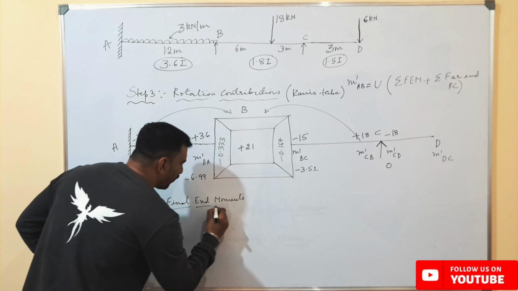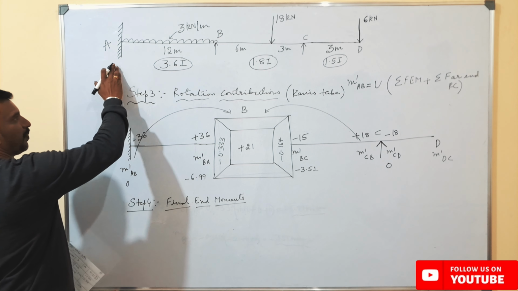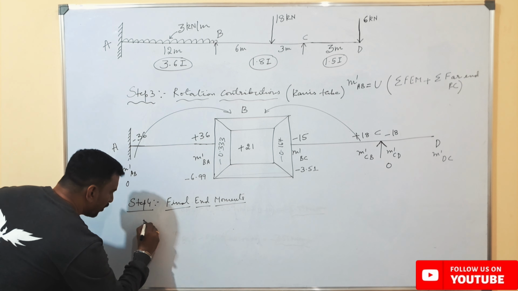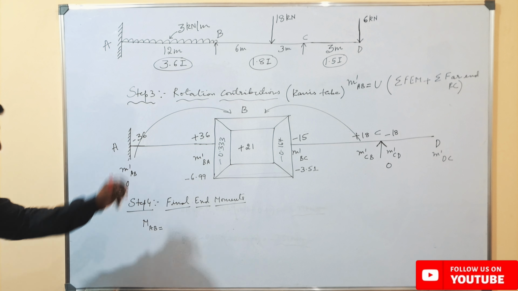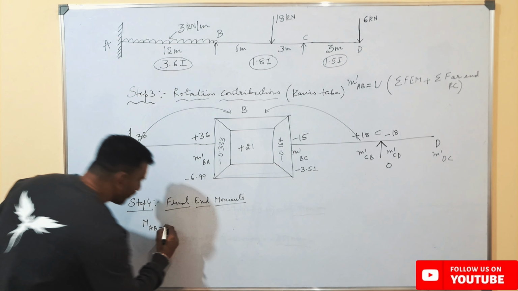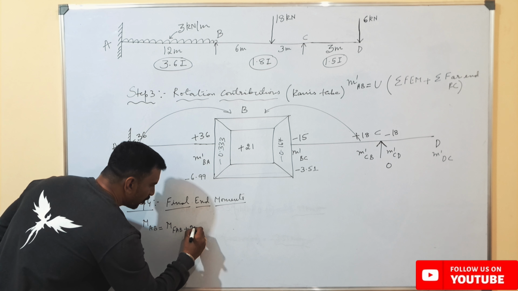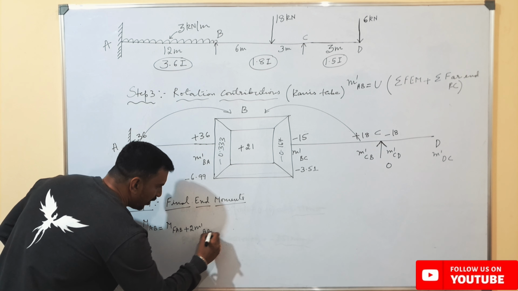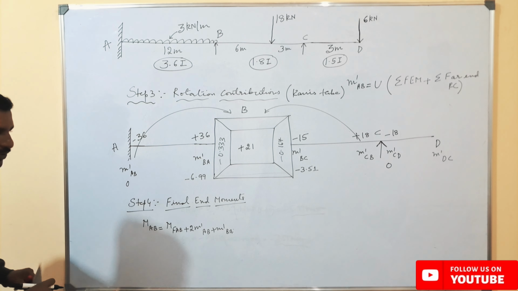So we know whenever we want to calculate the final end moments, that is here, from MAB, the formula we know, which will be equal to the fixed end moment from A to B plus 2 times the rotation contribution about the near end plus 1 times rotation contribution about the far end. This is the formula.